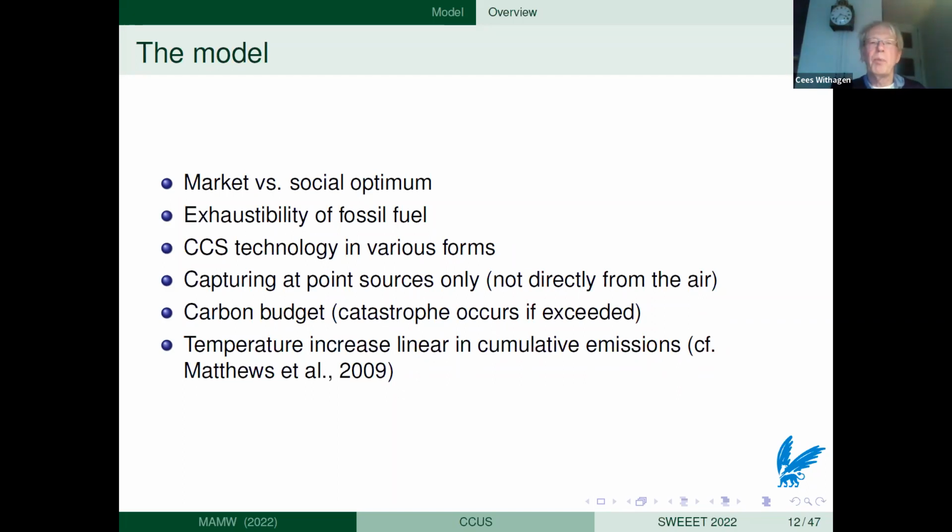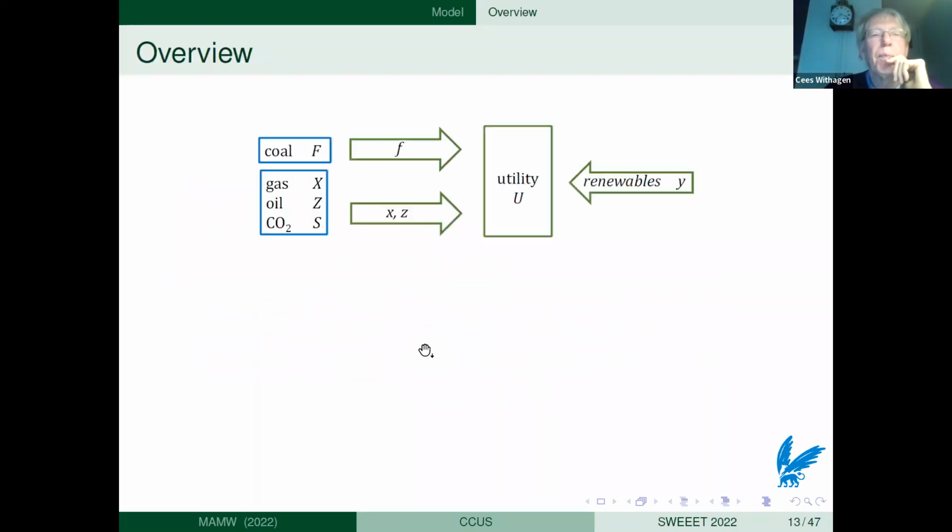So it's something that is suddenly giving something very bad, and that makes things easier for us. Whether this is completely realistic, I have some doubts about it. But for the time being, we look at the carbon budget. And we assume that the temperature increases linearly in cumulative emissions.